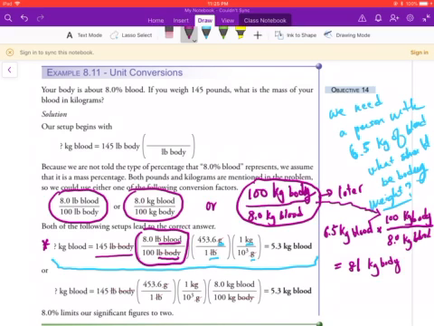So if you want pounds, you just need to do further conversions. I need to convert 81 kilograms, going from kilograms to grams: 1 is here, 10 to the third is on top. And then I need to go from grams to pounds: 1 is here, 453.6 is there.